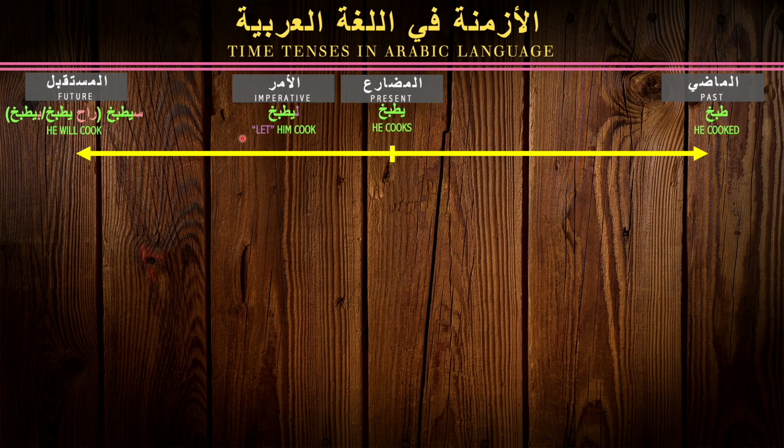Okay, so these are the basic time tenses in Arabic that we build the other time tenses on. So don't be misinformed that Arabic has only 3 time tenses, ماضي, مضارع, and مستقبل.